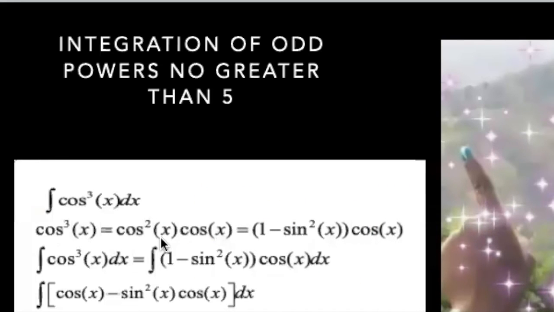So here we change cos square x as 1 minus sine square x. So we have the integral of 1 minus sine square x cos x, then distributing the cos x within the bracket. So cos x times 1, cos x times sine square x gives you sine square x cos x.